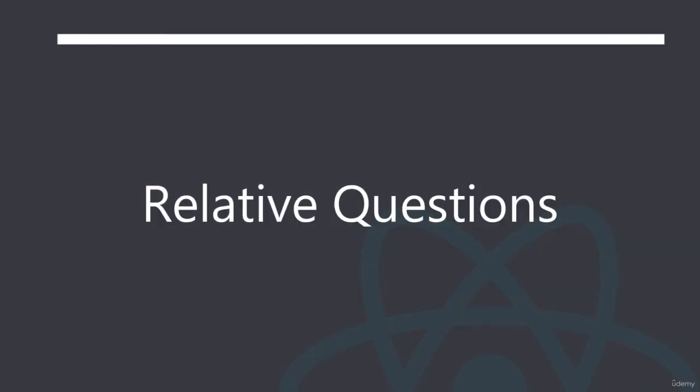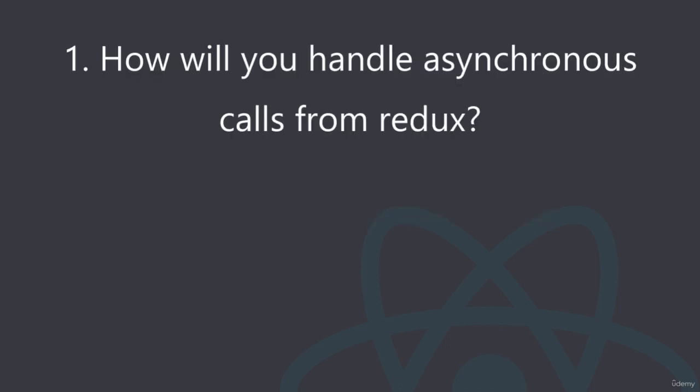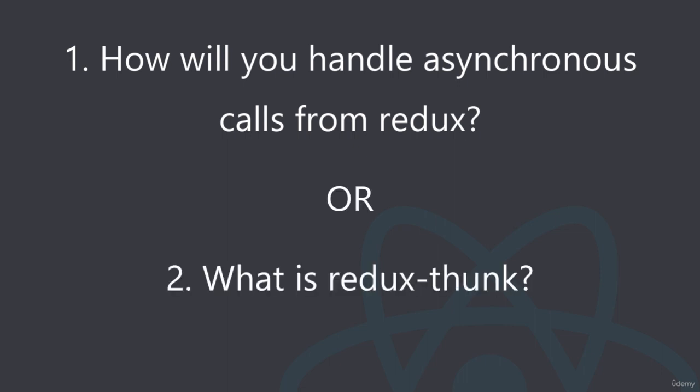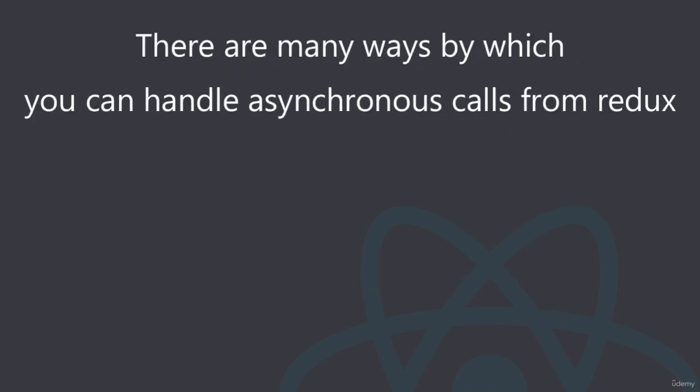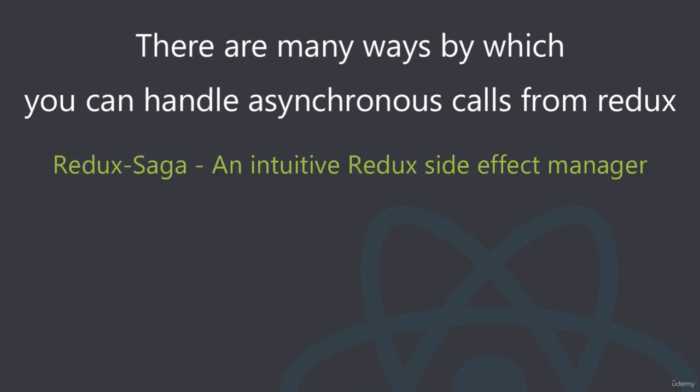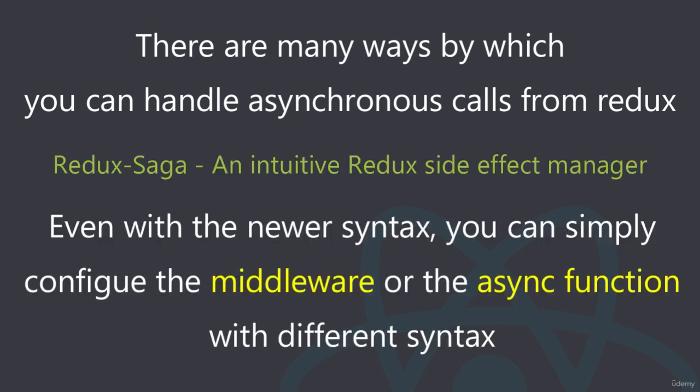So now let's talk about a few questions for this entire concept. The first question is, how will you handle asynchronous calls from Redux, or what is Redux thunk? So basically handling the asynchronous process, I must say that there are many ways. It's not that just Redux thunk can handle it. There is also Redux Saga that can also be used, or even with the newer syntax, you can simply configure the middleware or the async function with different syntax.